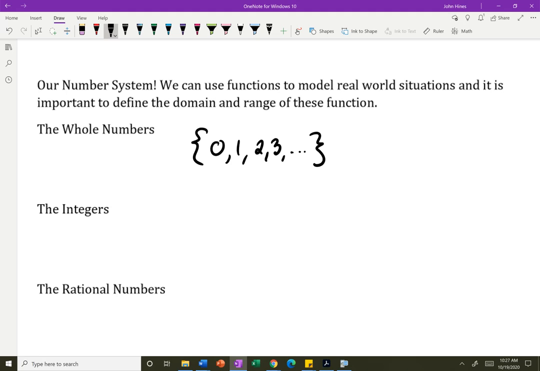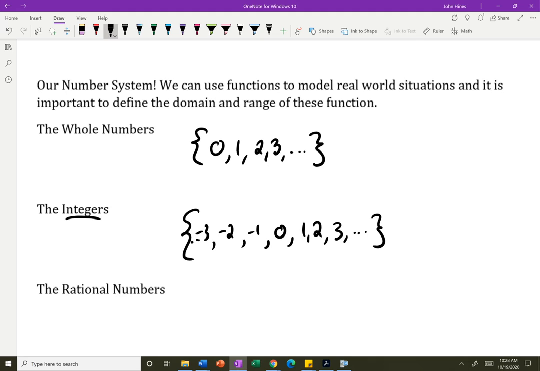The problem is when we want to start subtracting these numbers. When I try to do 2 minus 4, we get that number that we call -2, which is not a whole number. So what we have to do is expand our number system to the integers. The integers are the whole numbers, 0, 1, 2, 3, and so on, and their negatives.